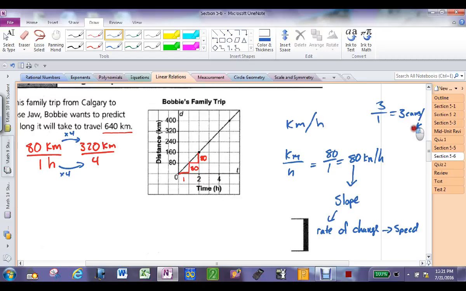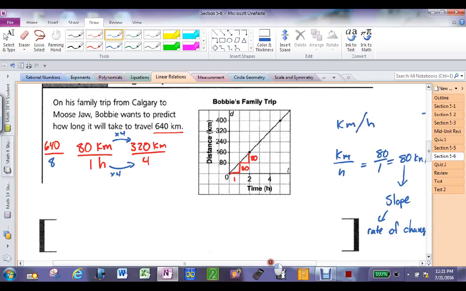What if I drink 7 cans a week? 7 over 1. So it's 7 cans a week, right? What if I drink 8 cans in 2 weeks? What's my speed of drinking pop? 8 over 2, which is 4 cans a week. Everybody got it? That's what slope is. That's all it is. Many of you have talked about slope already.